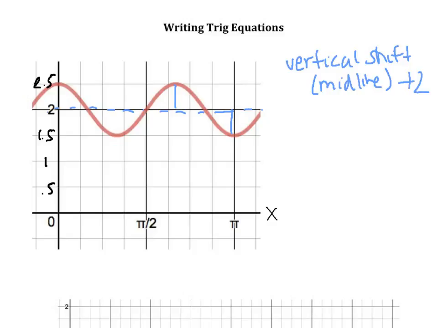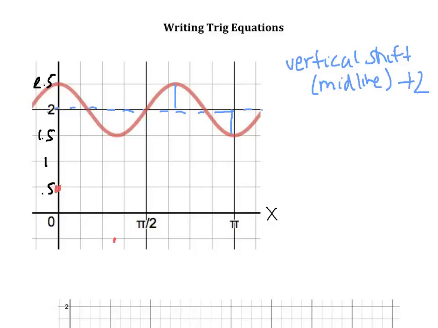The next thing I'm going to do is imagine that my graph is shifted up 2, so I'm just going to shift it back down, just so I can see what I'm working with here. So instead of 2.5, I'm going to go to 0.5. Instead of 1.5, I'm going to go down to negative 0.5.